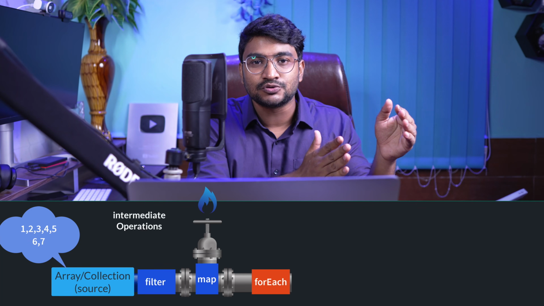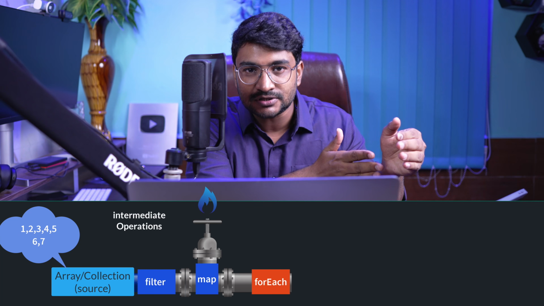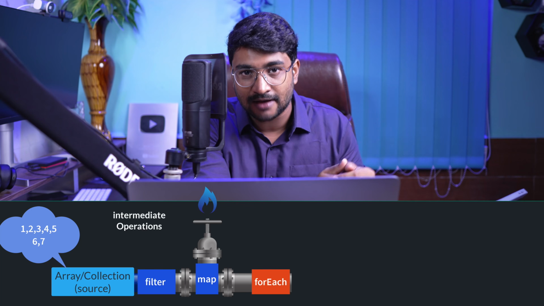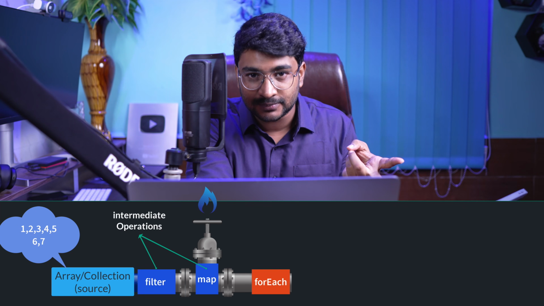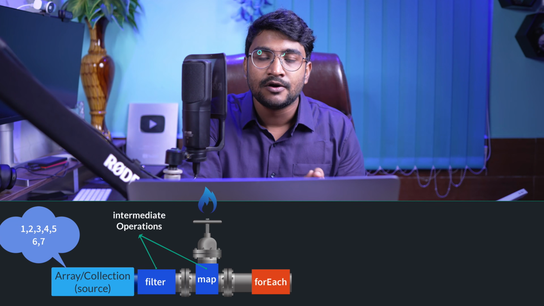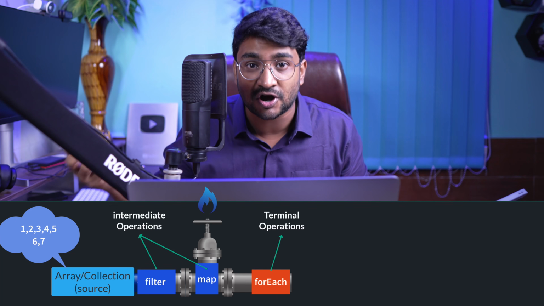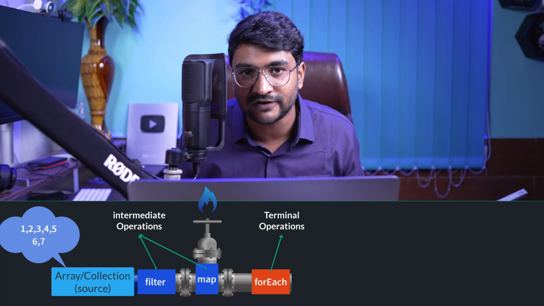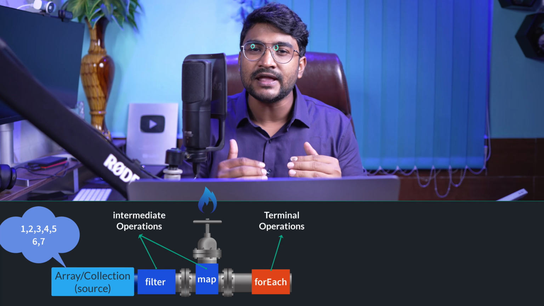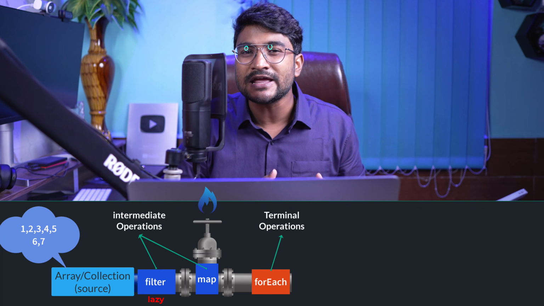One part of the methods is what we call the intermediate operations, the types of method like filter or map. We have seen those things. The other type of methods are what we call terminal operations, like forEach or collect, that we have seen in this particular video. But what we have realized is that streams are lazy.